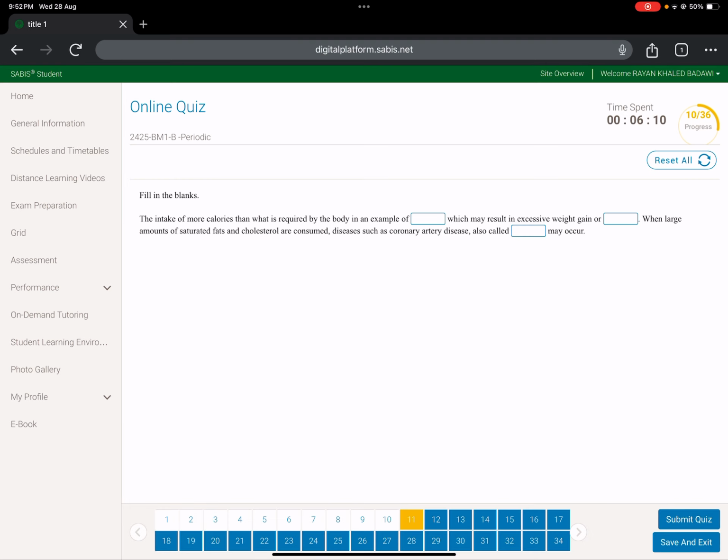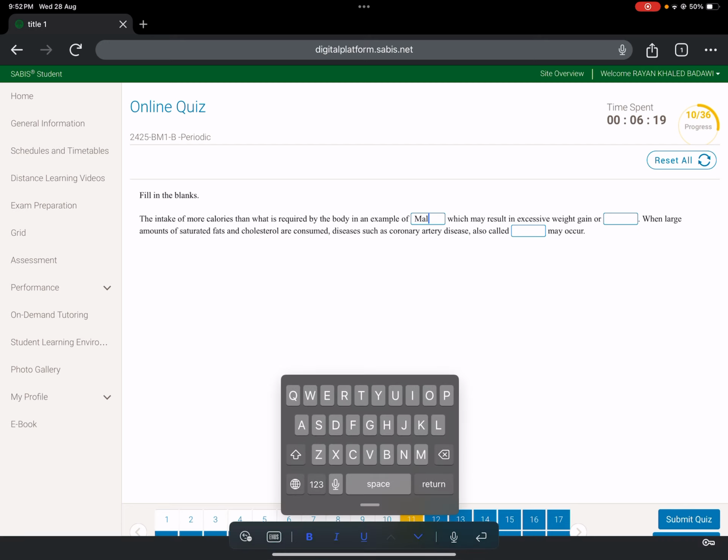The intake of more calories than what is required by the body is an example of malnutrition. Remember, malnutrition was either an excess or less, so deficiency or excess. Which may result in excessive weight gain or obesity.